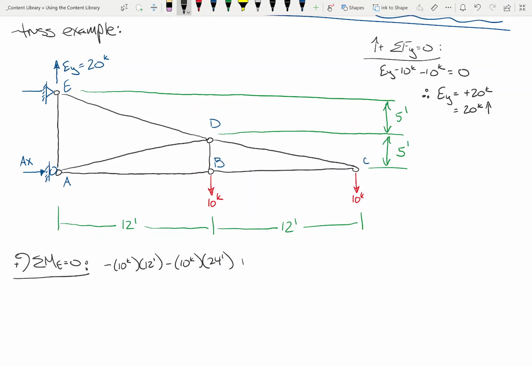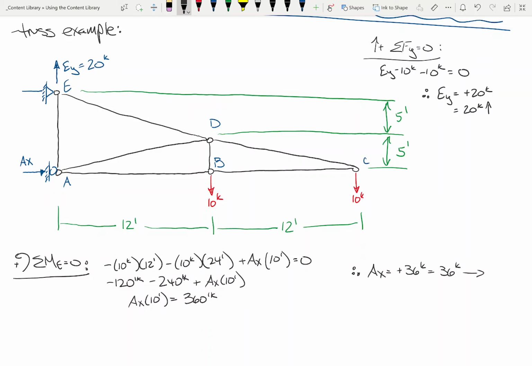So this is plus AX times 10, right, from E. So 10 times 12 is 120, and 240. So AX is 36 kips to the right.